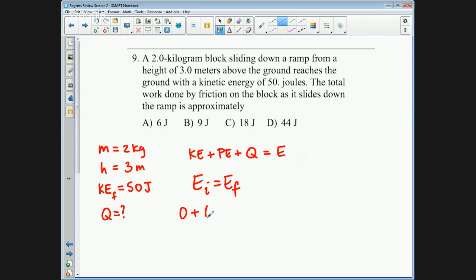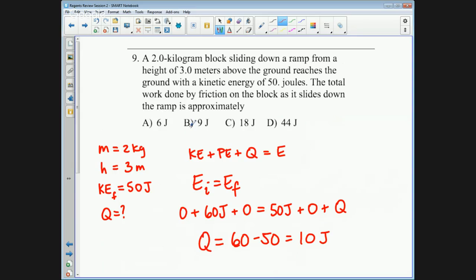So that's approximately 60 joules. Plus Q initial, which is 0, equals our kinetic energy final, which is 50 joules, plus the potential energy when it's on the ground, which is 0, plus Q final, which is what we're solving for. So when we do our math here, we're going to get Q equals 60 minus 50, which equals 10 joules. So I estimated 9.81 as 10, so that's why the answer is B, 9 joules.